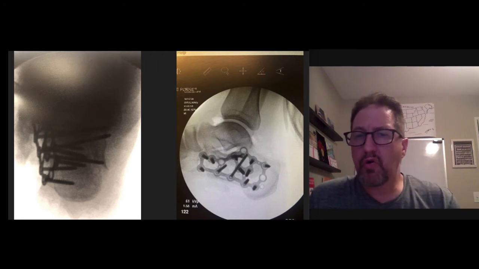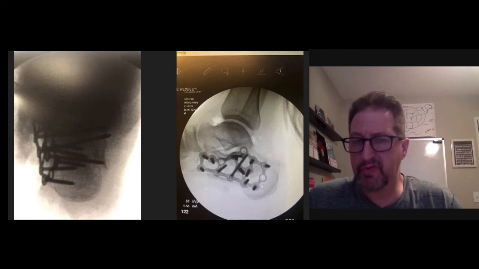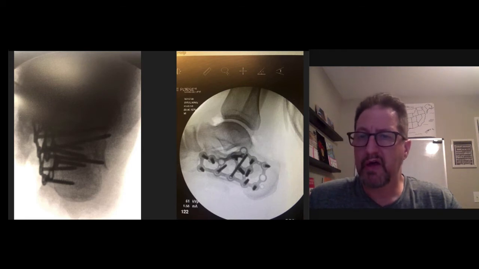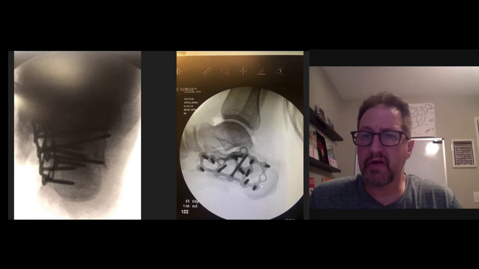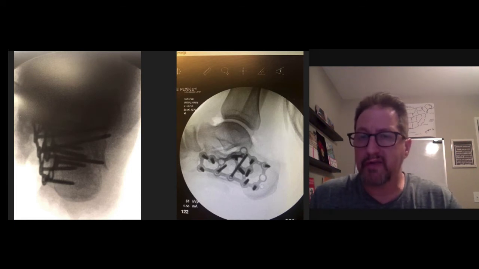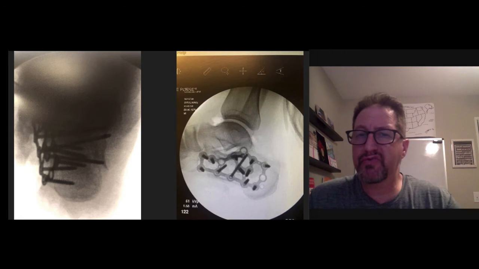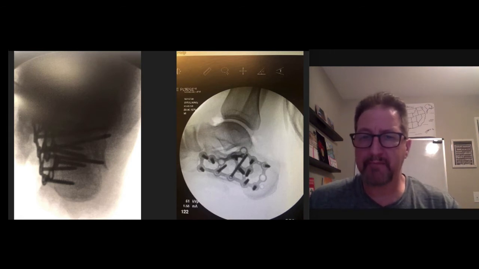So your goals are to reduce the varus that happens naturally with these joint depression calcaneal fractures, to get the length of the calcaneus back to normal, to take care of the intra-articular fragments to get that posterior facet as well aligned as you can, and then to reduce the thickness or width of the body.